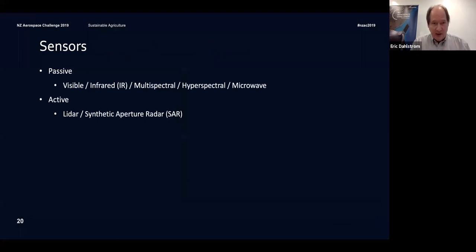Okay, I want to talk a little bit about some of the different sensors. Generally, they categorize them as passive versus active, active meaning that it's actually transmitting something in order to conduct the observation.